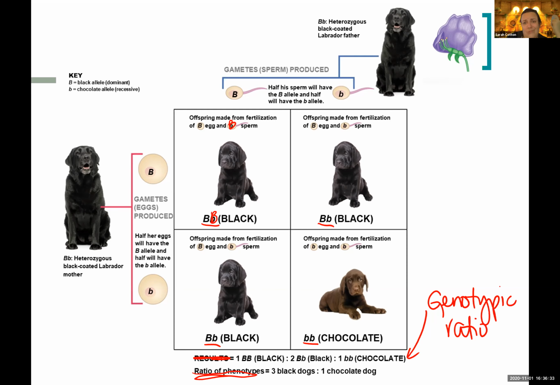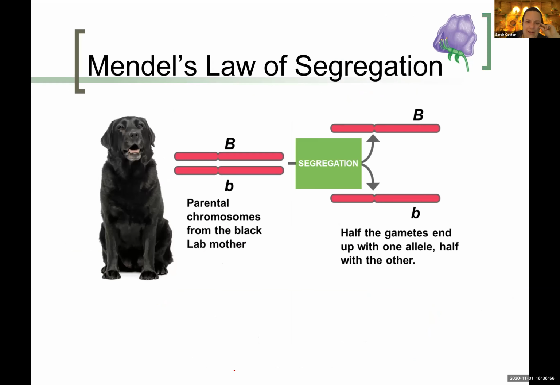Well, probably not. There's a possibility, if they were both heterozygous, that you could get a chocolate lab out of the mix, right? But 75% of the time, you're going to get a black lab with this cross. Only 25% of the time are you going to get a chocolate lab with this particular pairing. Okay, does that make sense? I hope so. All right.